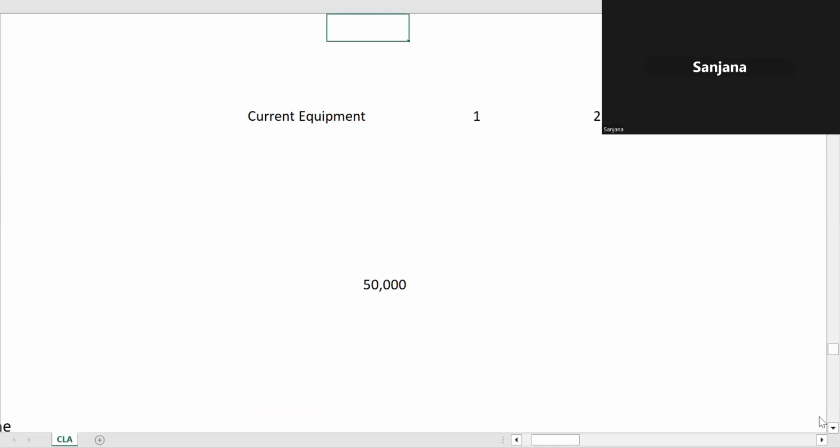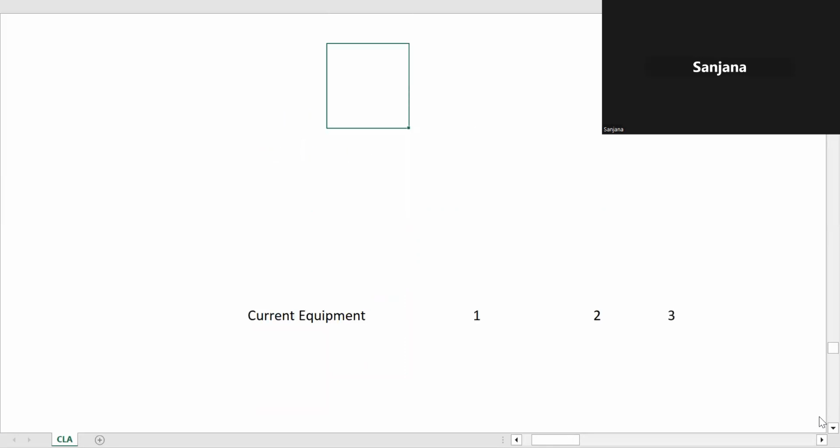Say for example, you want to manufacture 5,000 units. As per old, you require 20,000 for manufacturing, and as per new, you require 8,000.